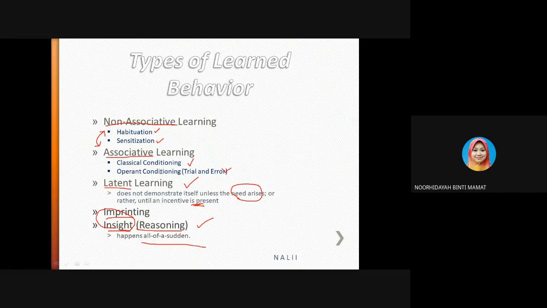So basically you need to know the five types of learned behavior: non-associative, associative, latent, imprinting, and insight.